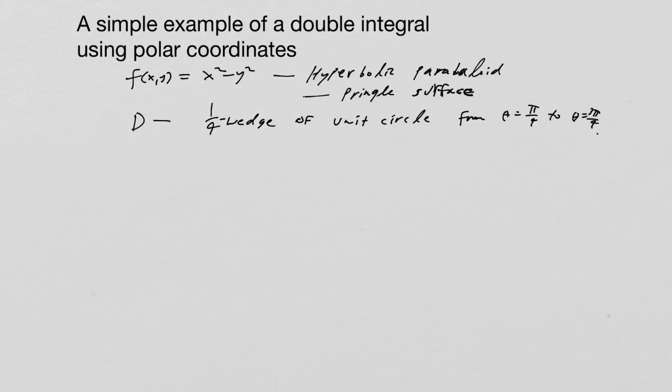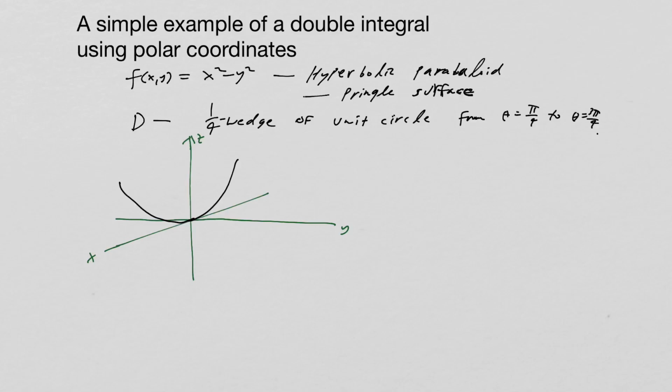Okay, so let's get a picture of what this looks like. Here's x, here's y, and there's z. And we know that the hyperbolic paraboloid on the y equals 0 line is an upward facing parabola like that. But we're looking at a specific point here.